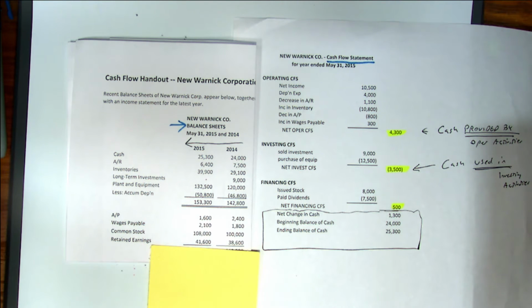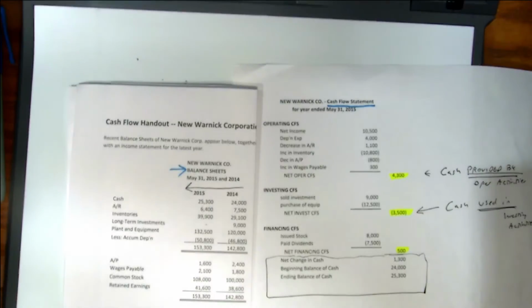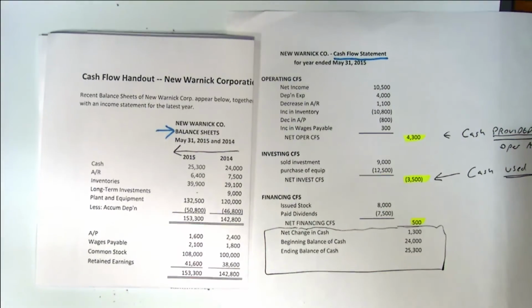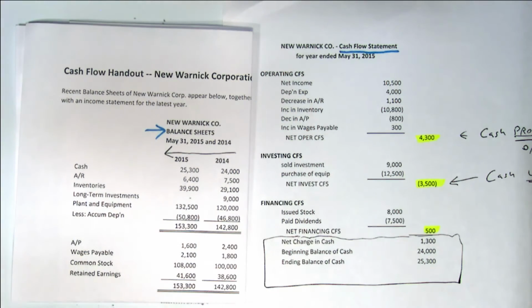Yes, we did. Thus, I have just proven to you that every change in every balance sheet account is somehow represented on the cash flow statement. Am I right? Now, why did we go through this? Was this just so you could be impressed with how smart I am?